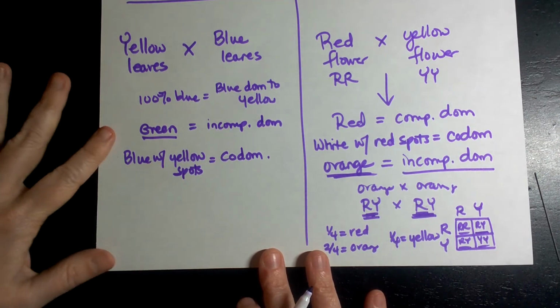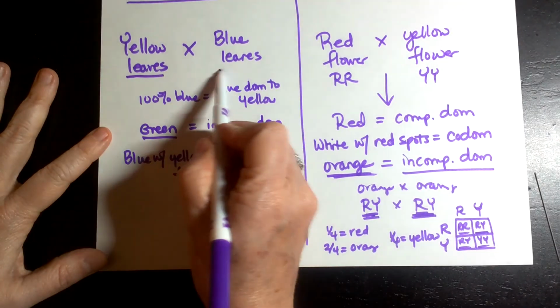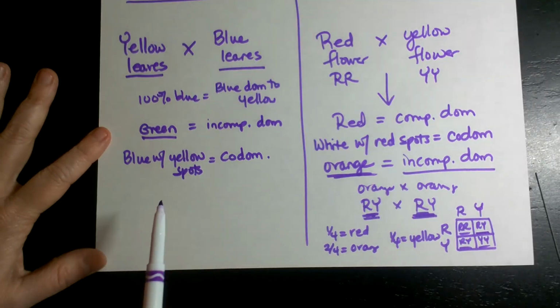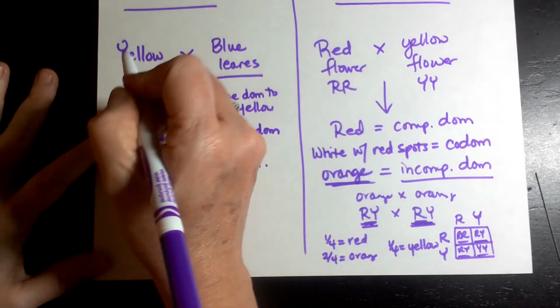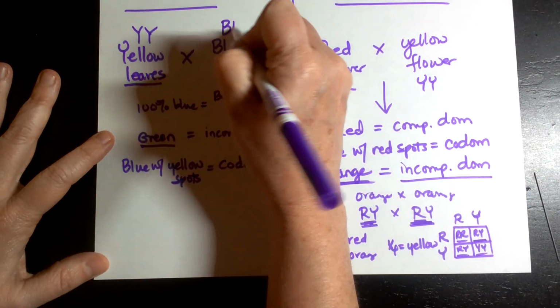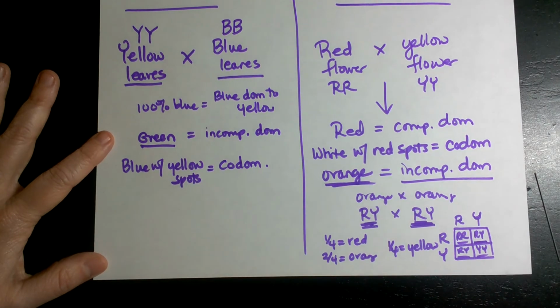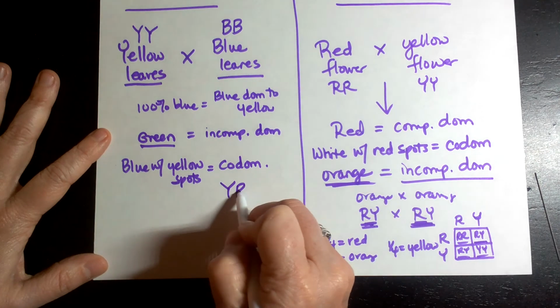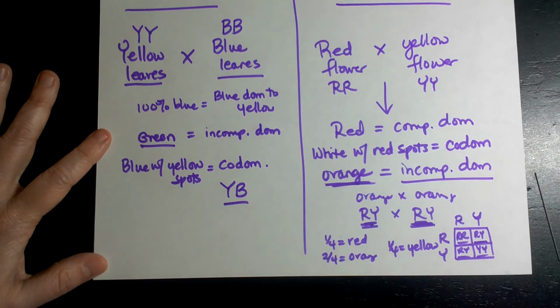And you also have to know that there's not an allele for spotted. So you would have to do yellow plants have 2 Y genes and blue plants have 2 blue genes. So a spotted plant would be YB. That would be its genotype.